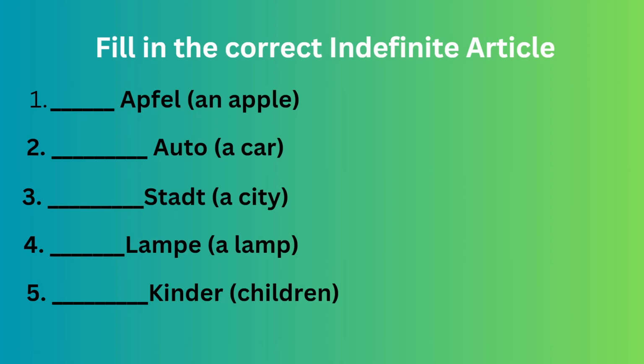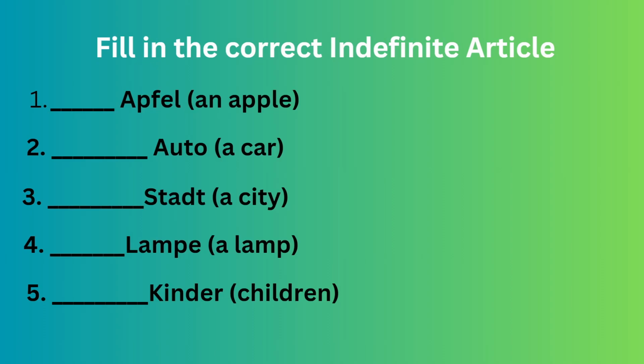So for example, if you want to say an apple in German, which indefinite article would you use? So similarly, you have to do it for Auto, Stadt, Lampe and Kinder. So you may pause the video here and try to answer them on your own.